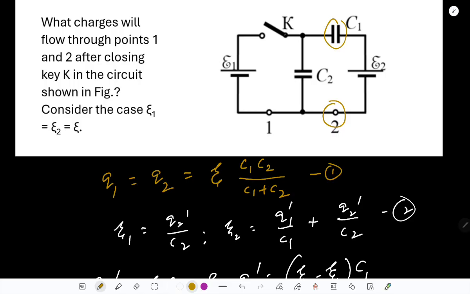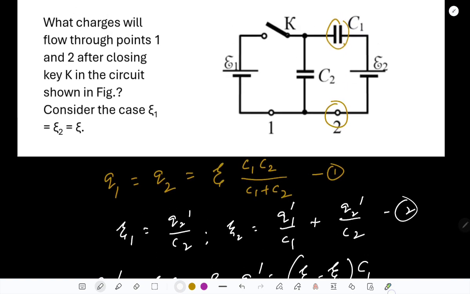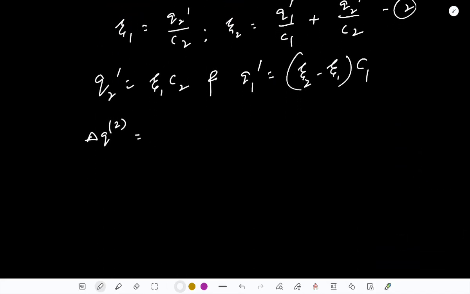and we can see that the change in charges through point 2 is the change in charges of capacitor C1. If I write the change in charges through point 2 as delta Q2, it will be the change in charge on capacitor C1, and that is nothing but Q1 dash minus Q1.